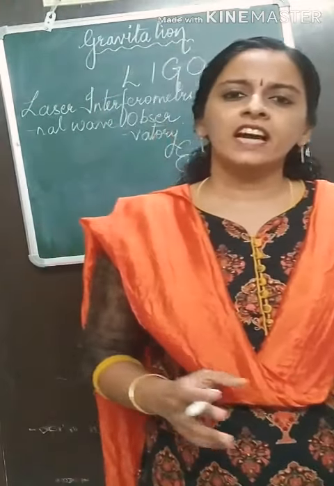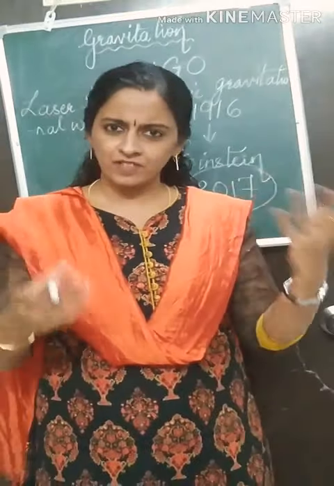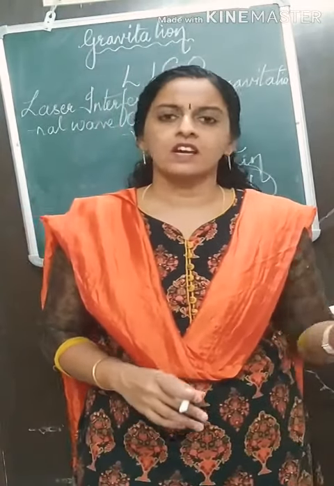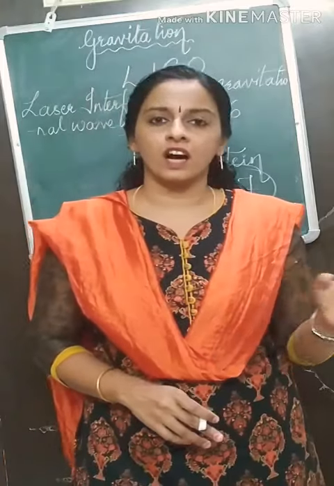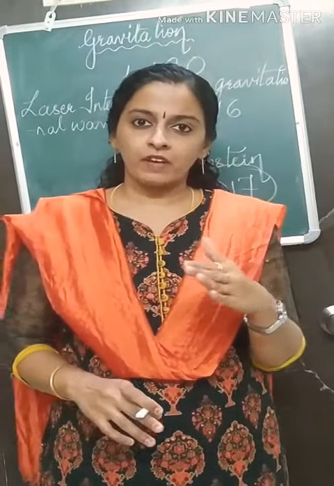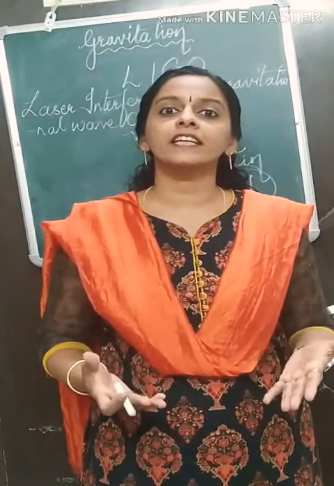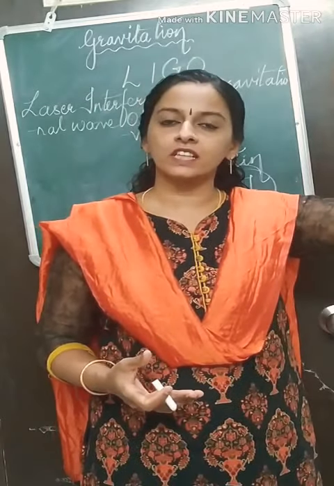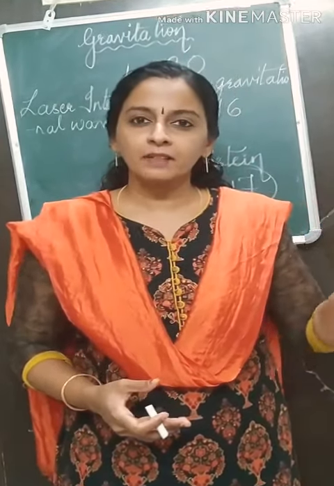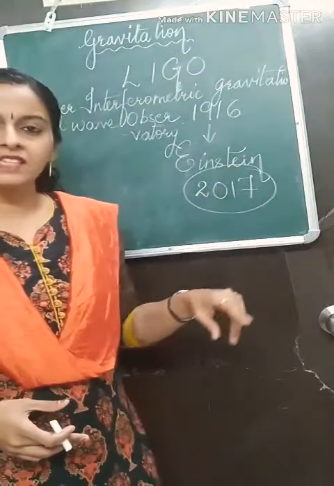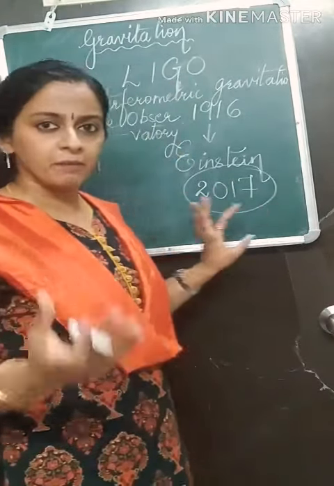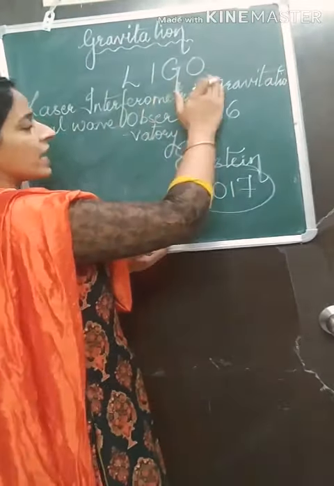These are all electromagnetic waves that we have studied in our lower classes. Now gravitational waves are different waves. These waves are created by astronomical objects in space, and they were detected by the instrument called LIGO.